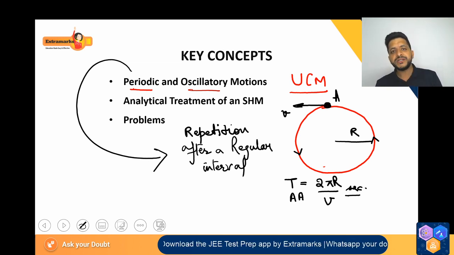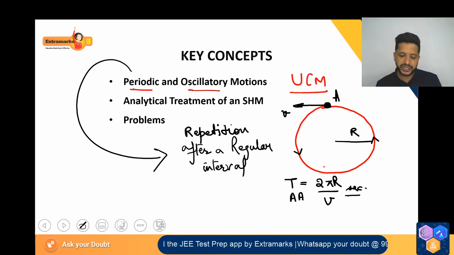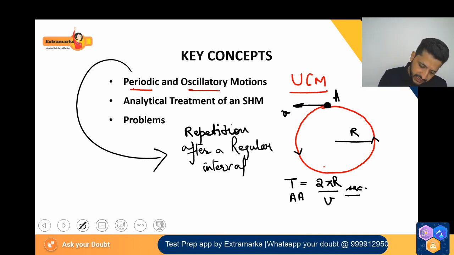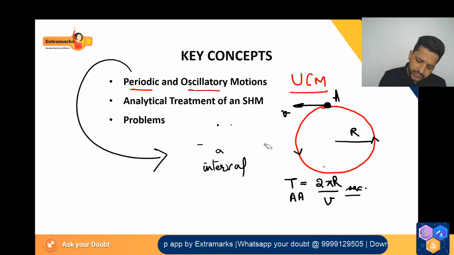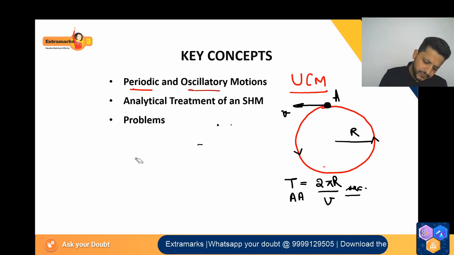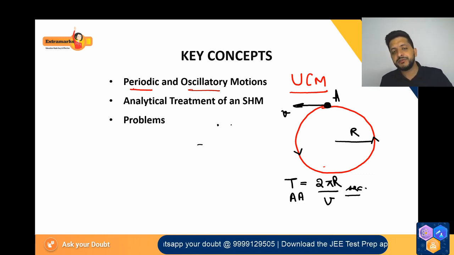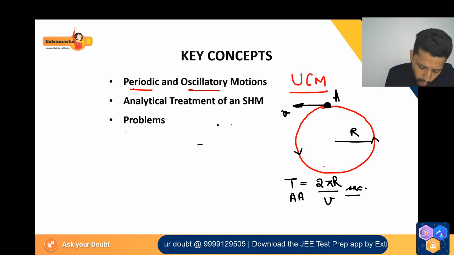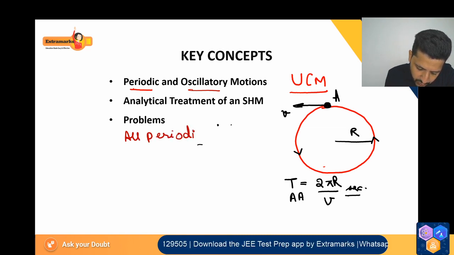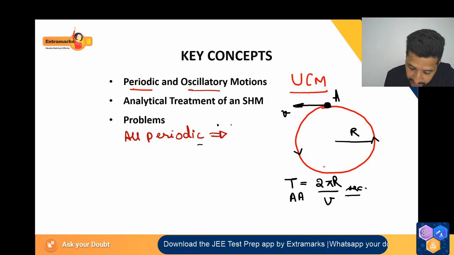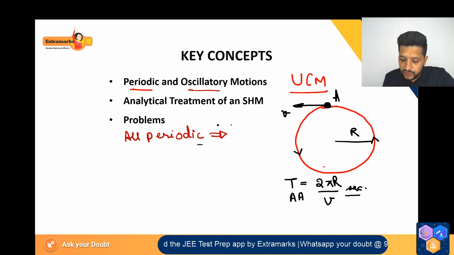So there are 2 points along with this assumption which we need to take care of, which I am going to write here. The first point clearly will differentiate between periodic and oscillatory motion. Are all periodic motions oscillatory? Look at uniform circular motion.